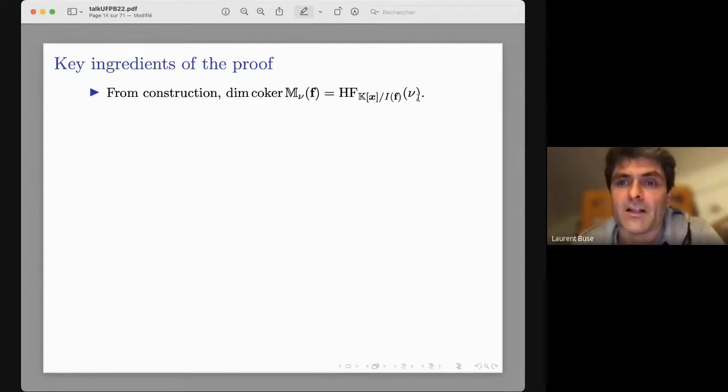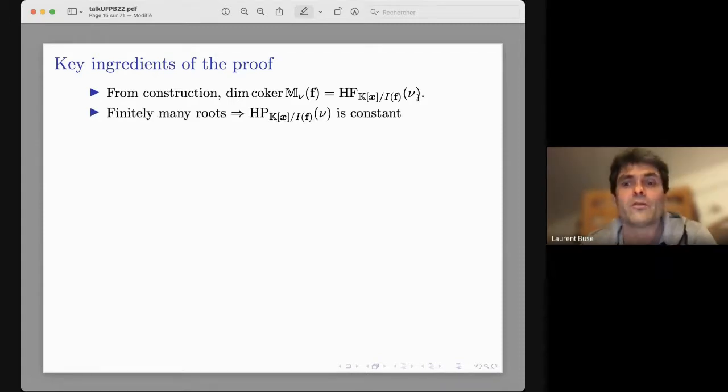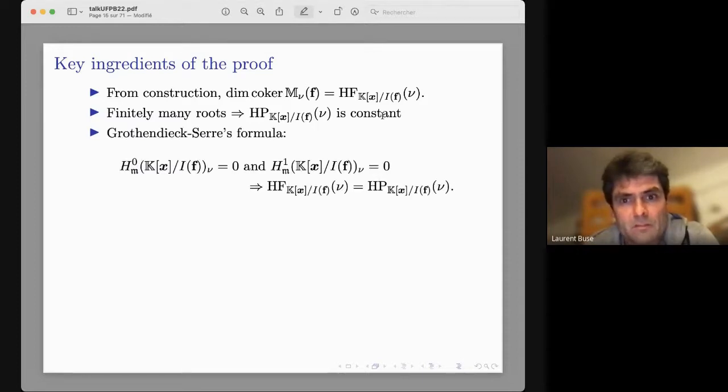So if you want to have the property that this is equal to the number of roots, what you need to show is that actually this Hilbert function will reach the Hilbert polynomial, because since we assume that we have finitely many roots, we know that the Hilbert polynomial is a constant, and this constant is the number of roots. So how to prove that the Hilbert function stabilizes to the Hilbert polynomial?